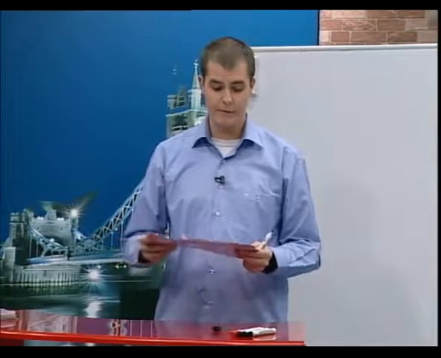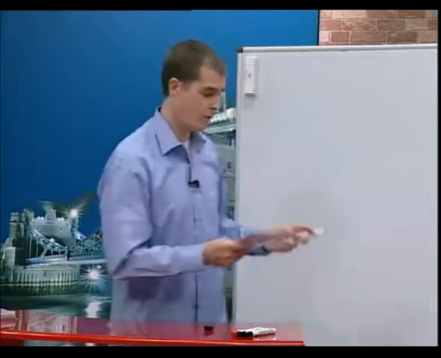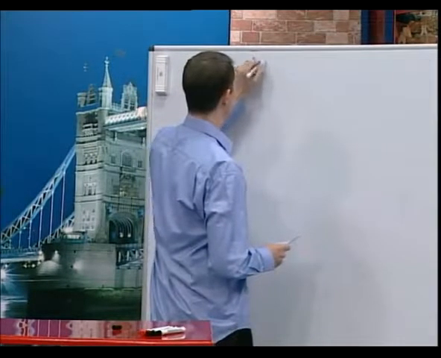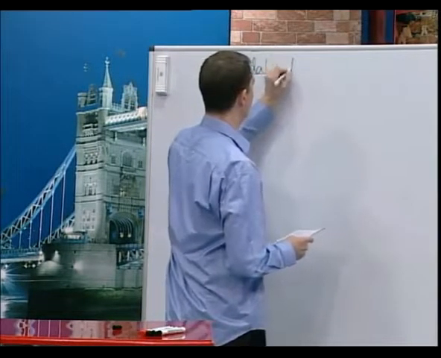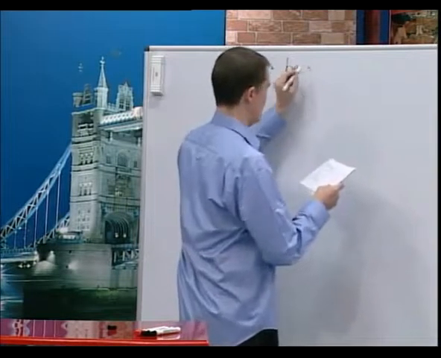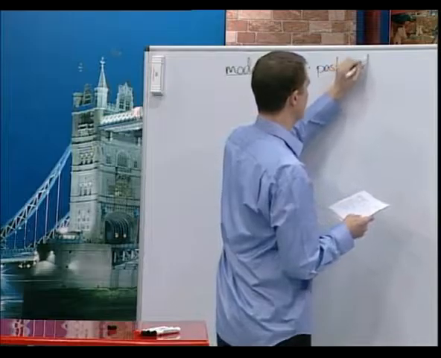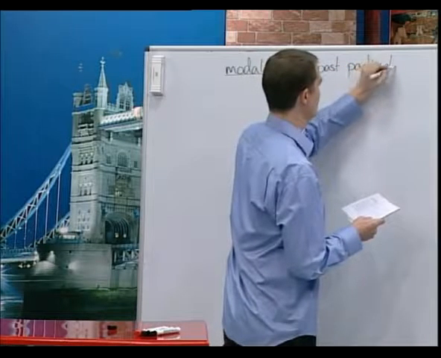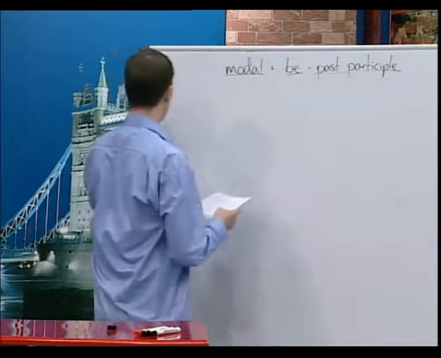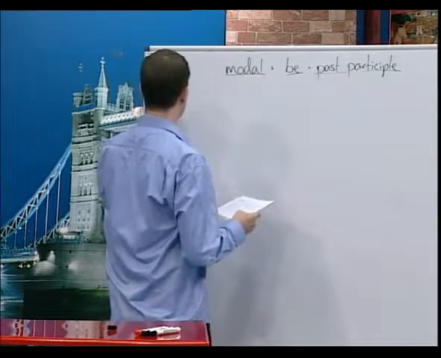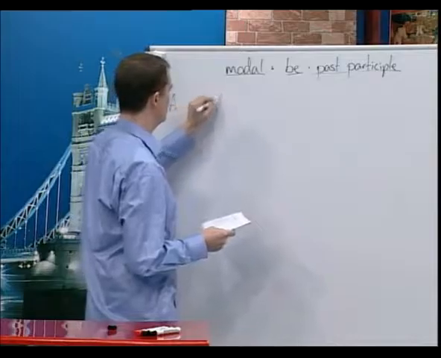Now, to form the passive voice using modals, we use this form: modal plus be plus past participle.